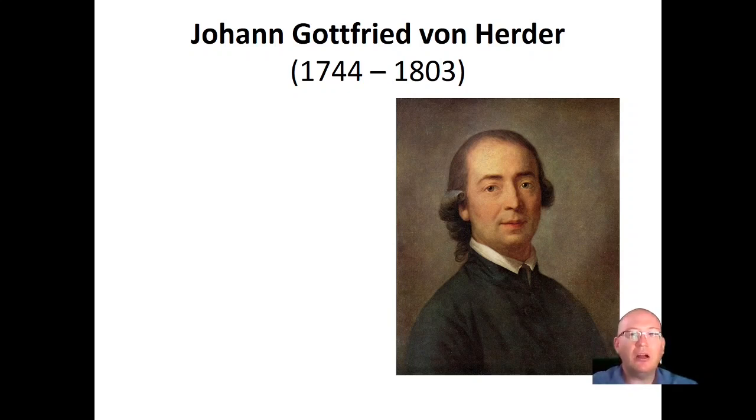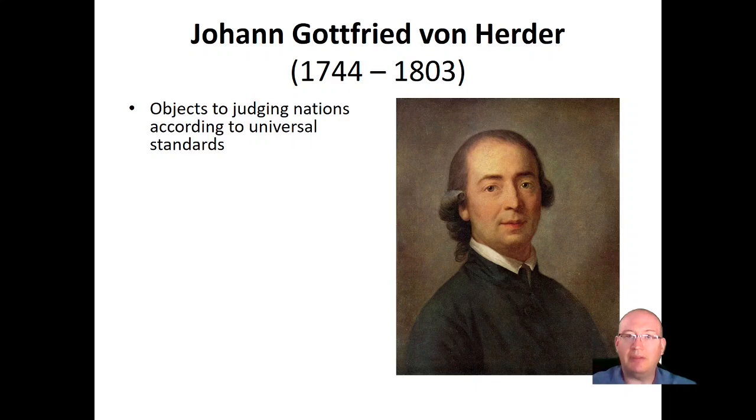Now, von Herder would disagree a bit with Ferguson and this idea of universal progress. He objected to judging nations according to universal standards. He would say, how can you look back at these people and call them barbarians? You're judging them according to your culture's perspective, and that's unfair to them.